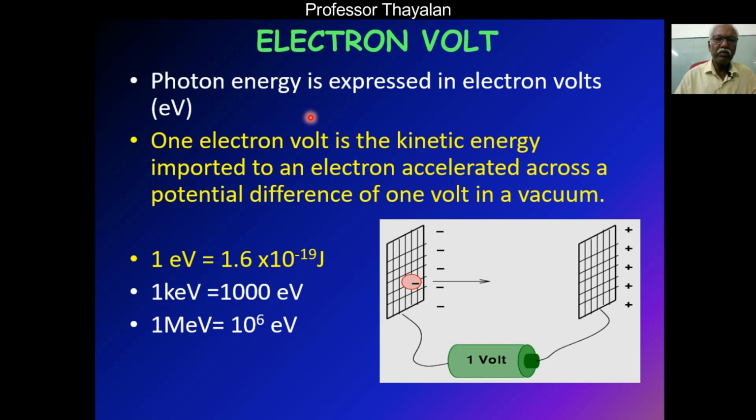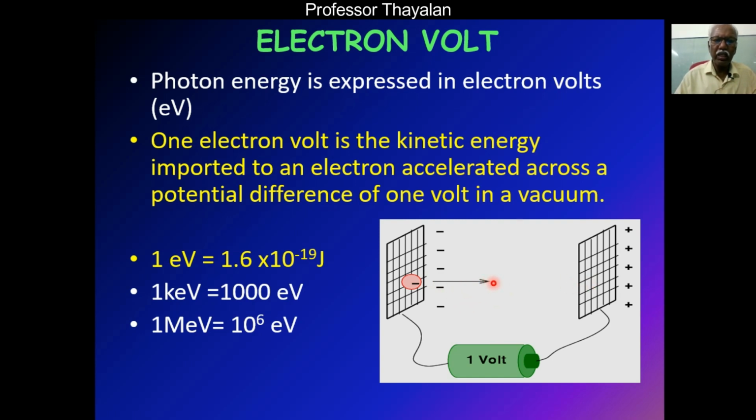Electron volt. What is 1 electron volt? The photon energy is expressed in terms of electron volts. 1 electron volt is the kinetic energy imparted to an electron accelerated across a potential difference of 1 volt in vacuum. For example, if you take two terminals here and maintain a potential difference of 1 volt, if you want to move one electron from this end to this end, how much kinetic energy do we have to give?